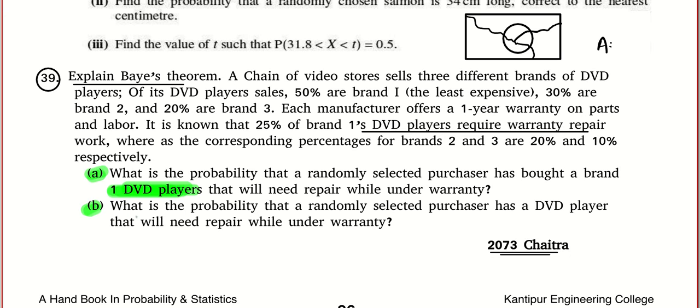Now if you read the second part, what is the probability that a randomly selected purchaser has a DVD player that will need repair under warranty? They have not mentioned a brand, so this is total probability. So I will strongly recommend you find part B first. That will give you total probability. And part A is probability of E1 given A, that you have to work out with Bayes theorem.